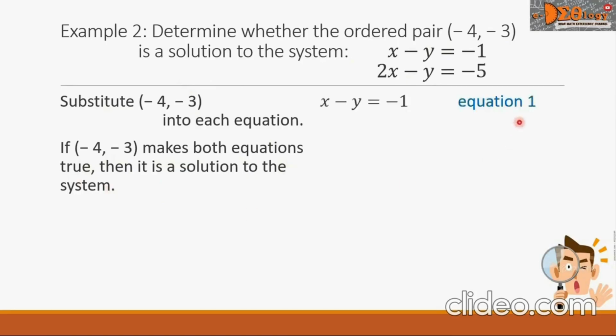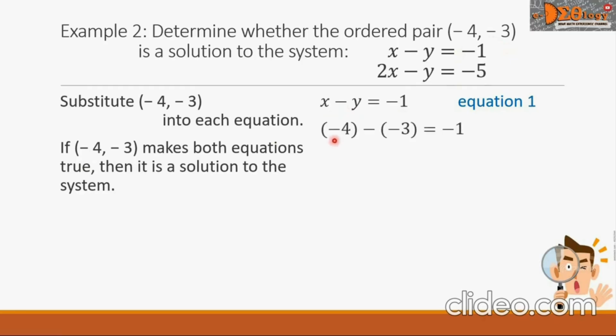Let's take the first equation, x minus y equals negative 1. Let us substitute the ordered pair negative 4 and negative 3 respectively. We know that the first number negative 4 is for the x and the second number negative 3 is for the y.